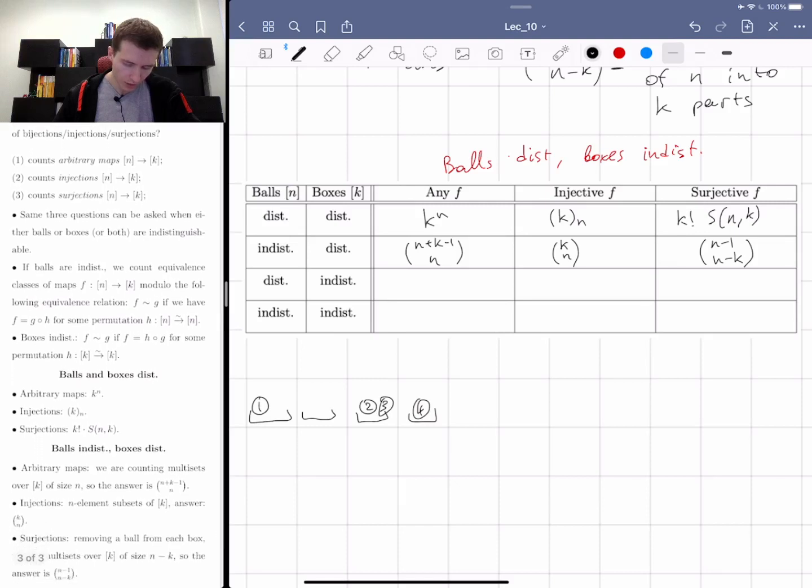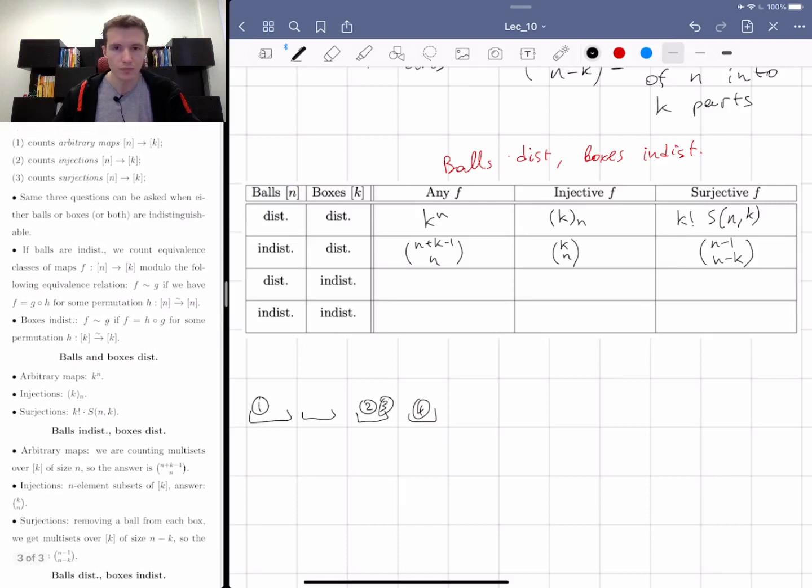Okay. So if you look at this information, each box gives me a subset of bracket n. And these subsets are disjoint, and together their union is the whole bracket n.